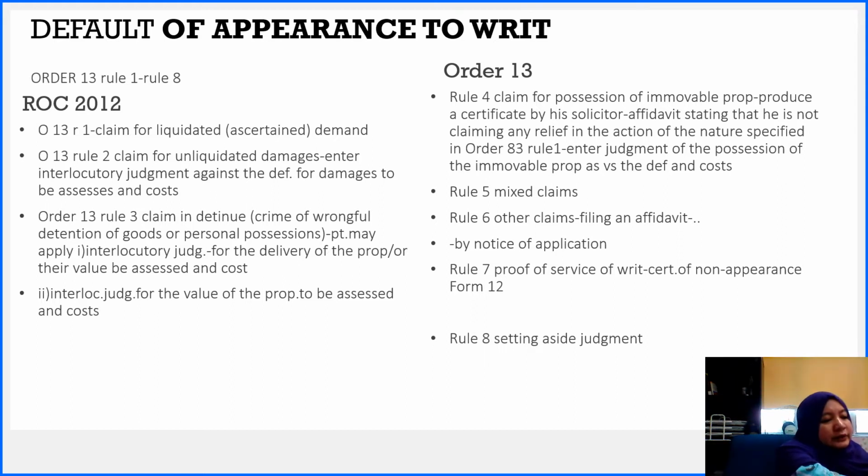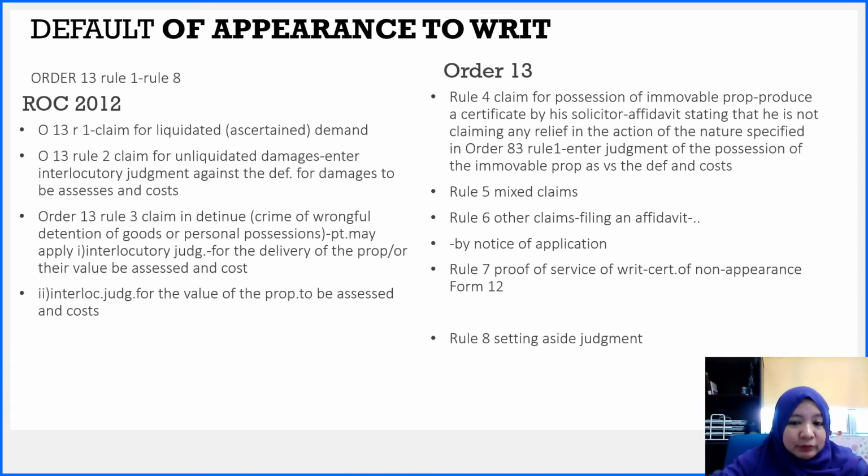Then the general rule. This is the thing that you must remember. For you to obtain a judgment in default of appearance, meaning that you are the plaintiff, you must prove service. That is under Order 13 Rule 7. This is very important. Under this rule, judgment shall not be entered unless the plaintiff produces a certificate of non-appearance in Form 12.